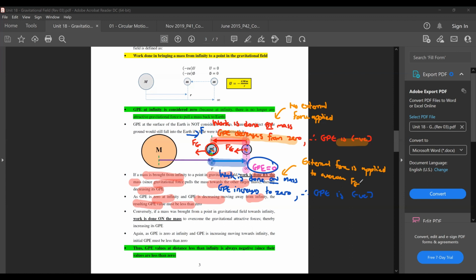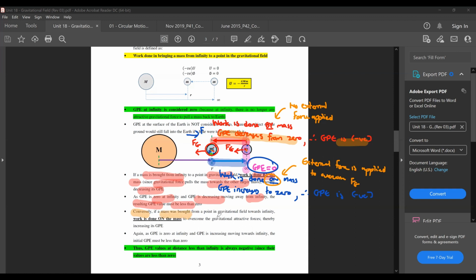This is why I know this is work done on the mass, because I had to purposely apply a force in order to move it. And when I purposely apply a force to move it, I'm doing work on the mass. So whatever work I do on the mass is increasing its GPE value. But it so happens that in your case, it's increasing to 0 right now. So GPE value must be negative.